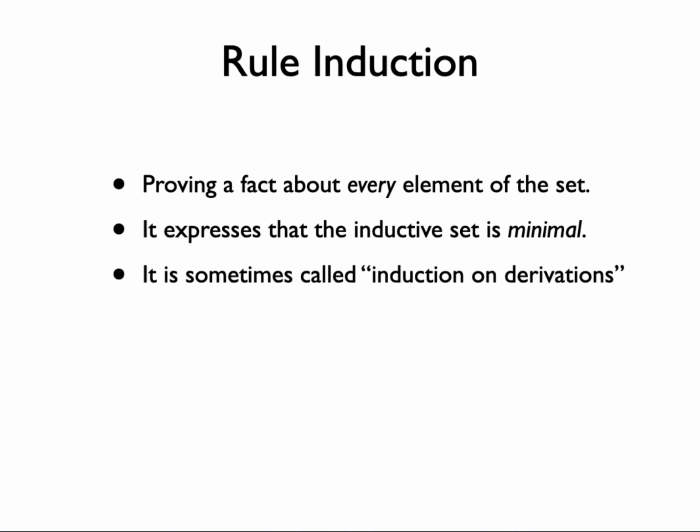I'm going to repeat myself. I'm sure I said this before. Mathematicians often don't refer to this kind of thing. If you're doing, let's say, a proof in a textbook about a logical proof system, they will tend not to refer to inductive definitions in this abstract way, but they will say something like, we're doing it by induction on the height of the derivation.